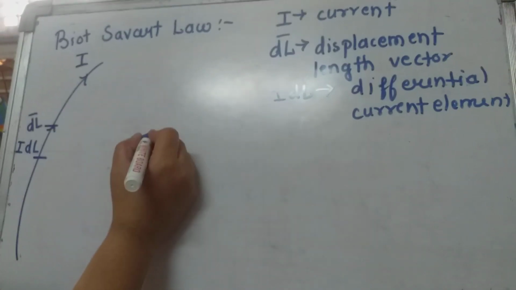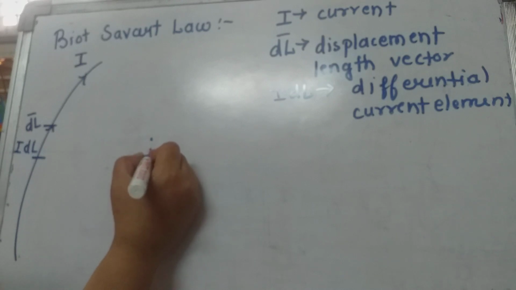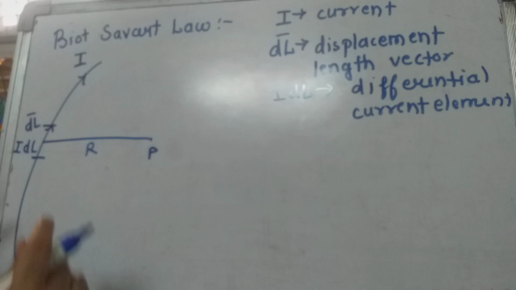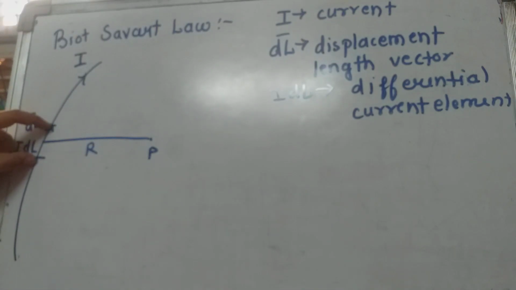Now let us consider point P at a distance r from this displacement length vector.